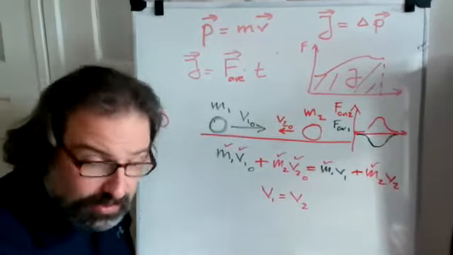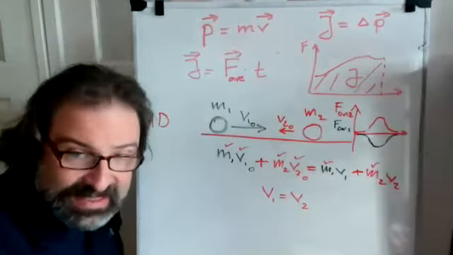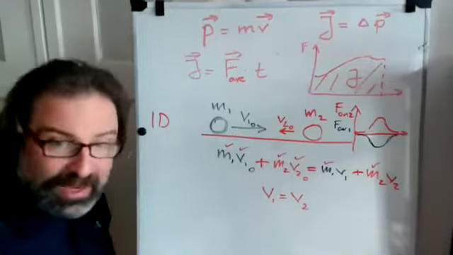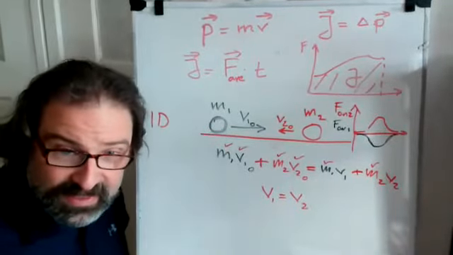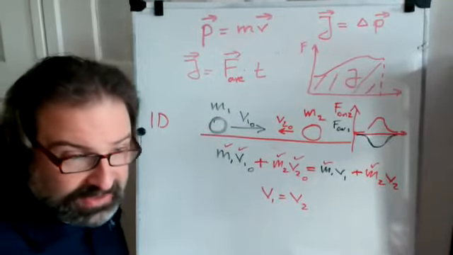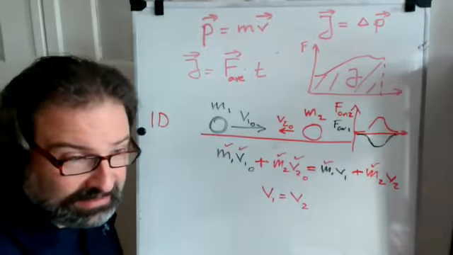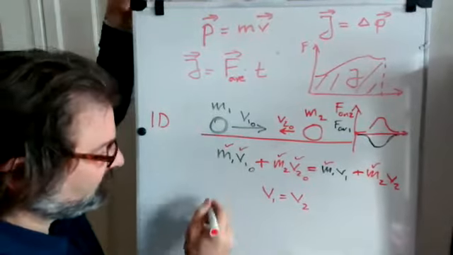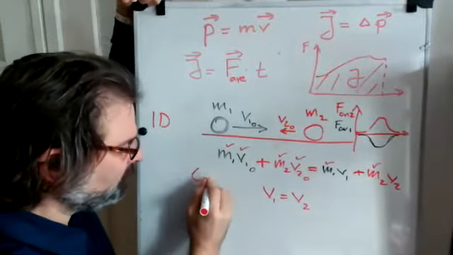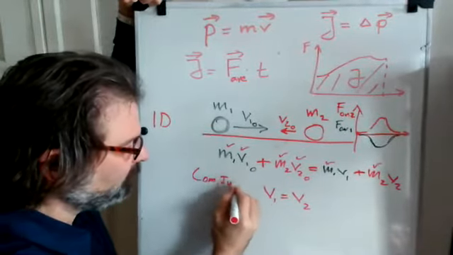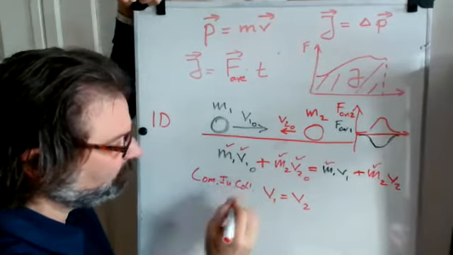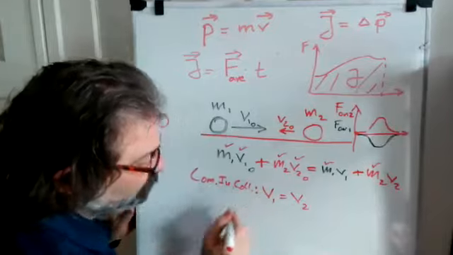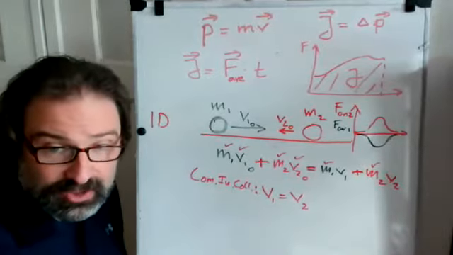If that's true, then this acts as the second equation to allow us to solve this. We did this because I gave you the fact that Octave's car was embedded in Alex's car. They were traveling together because it was a completely inelastic collision, and that would allow us to progress in that situation.